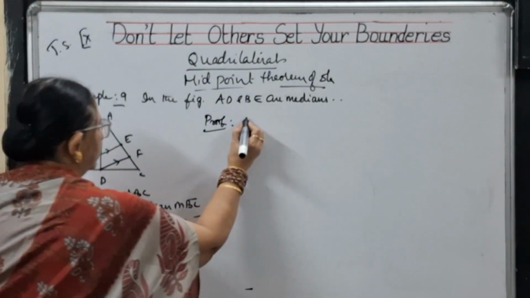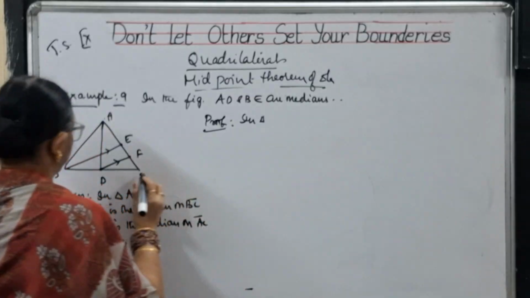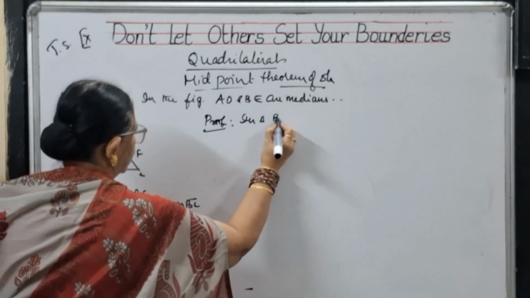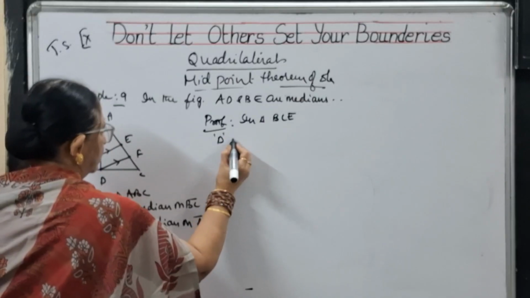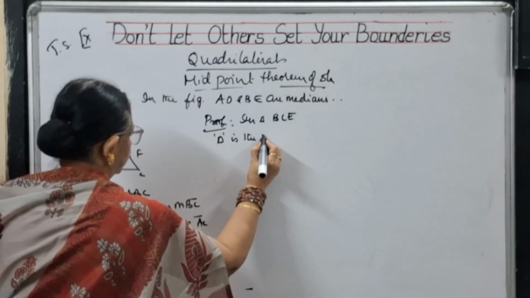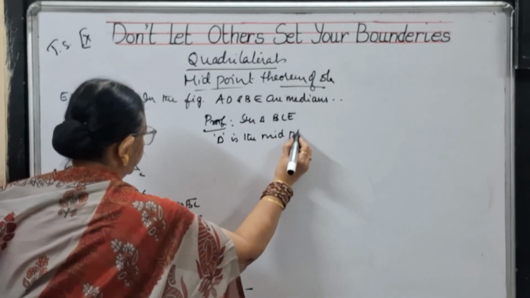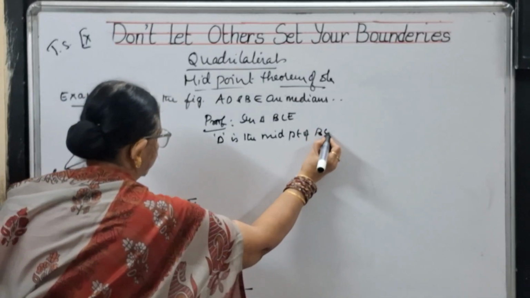Let us go for triangle BCE. In triangle BCE, D is the midpoint of BC.